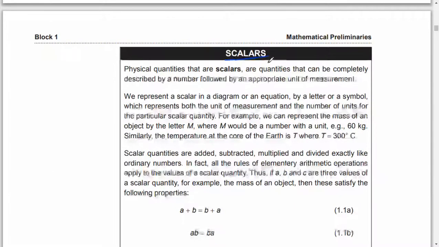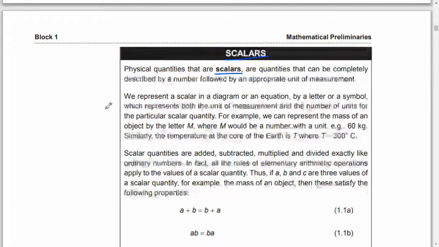Scalars. Physical quantities that are scalars are quantities that can be completely described by a number followed by an appropriate unit of measurement. We represent a scalar in a diagram or an equation by a letter or a symbol which represent both the unit of measurement and the number of units for the particular scalar quantity.